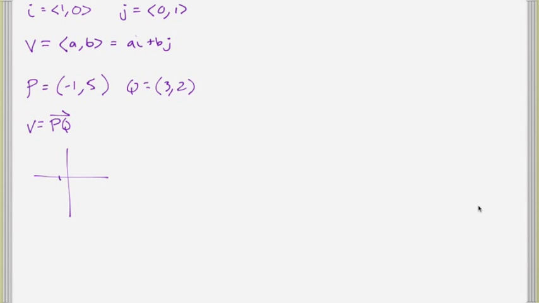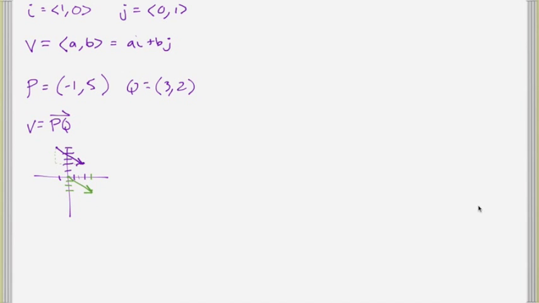So if P is -1, 5, and Q is 3, 2, I'm looking for that vector, which goes down 3 and over 4.